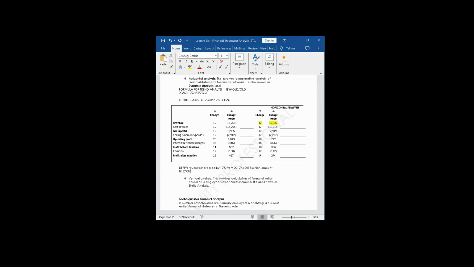Or we can write it like this, adding the three zeros: 12,937,000 naira. Full stop.